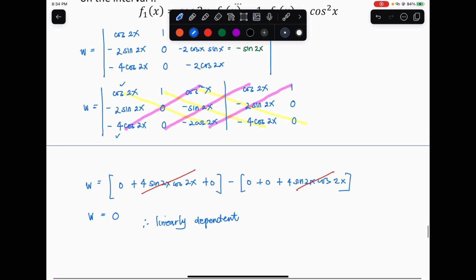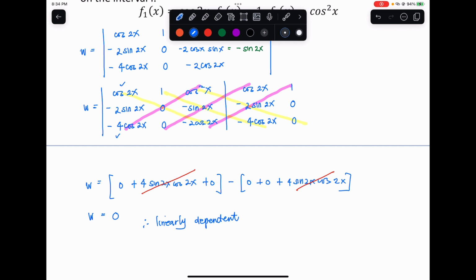And that's it. In summary, as long as the order is 2 and above, that is considered a higher order differential equation. There are two types: homogeneous and non-homogeneous.